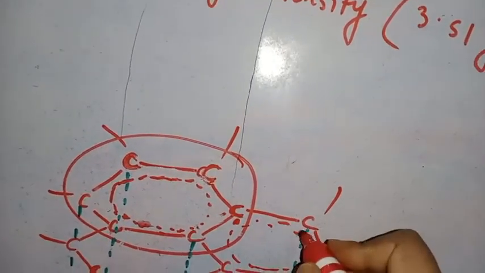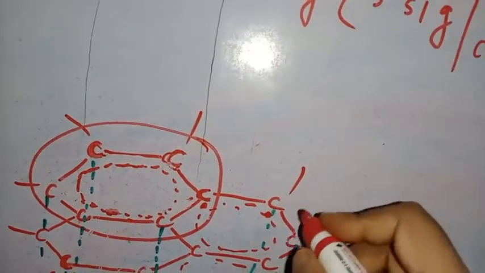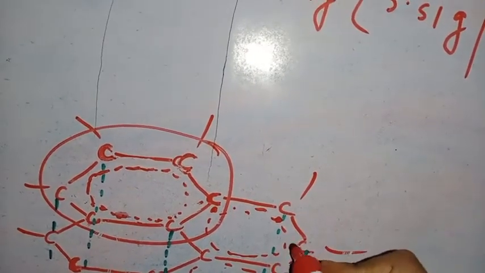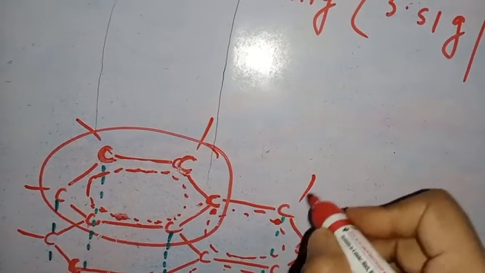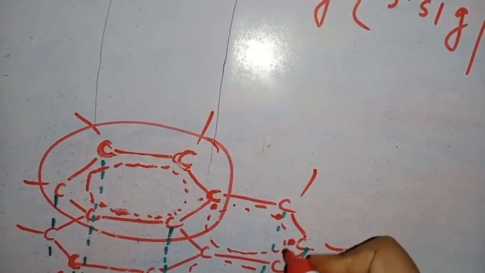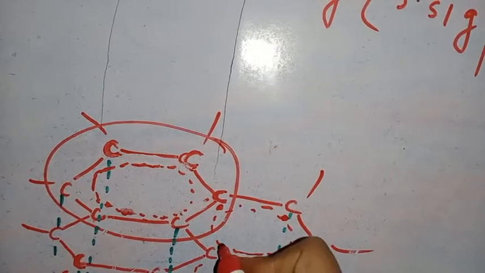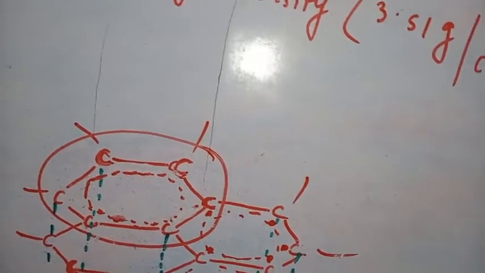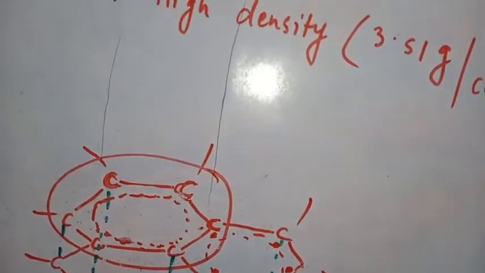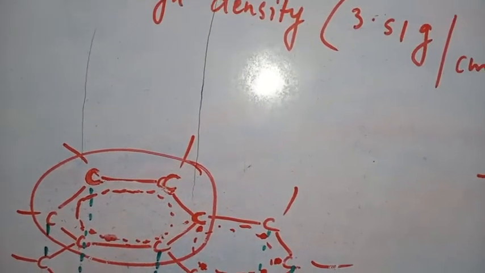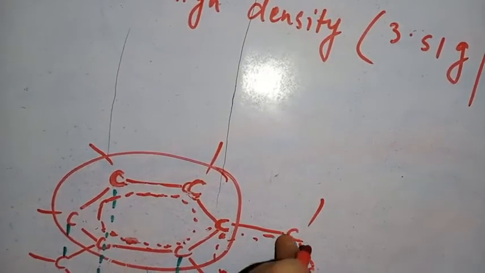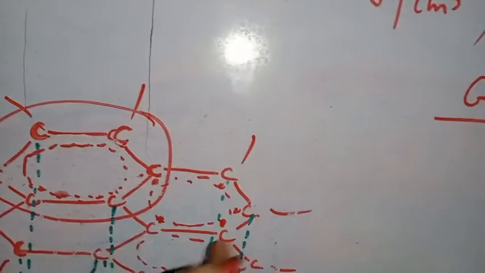So each carbon, as you can see, is bonded to 3 other carbon atoms with a covalent bond, and the fourth valence electron of carbon is free. It is there in each carbon atom, so the electrons are delocalized in the ring.